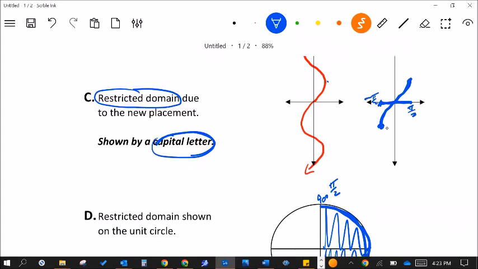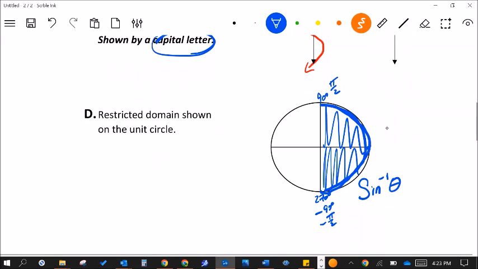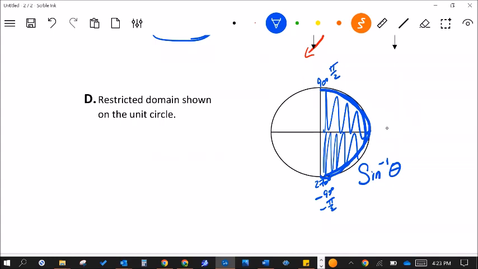And that's because the actual graph only goes from negative 90 to 90. So we either say negative 90 to 90, or we say negative pi over 2 to pi over 2.